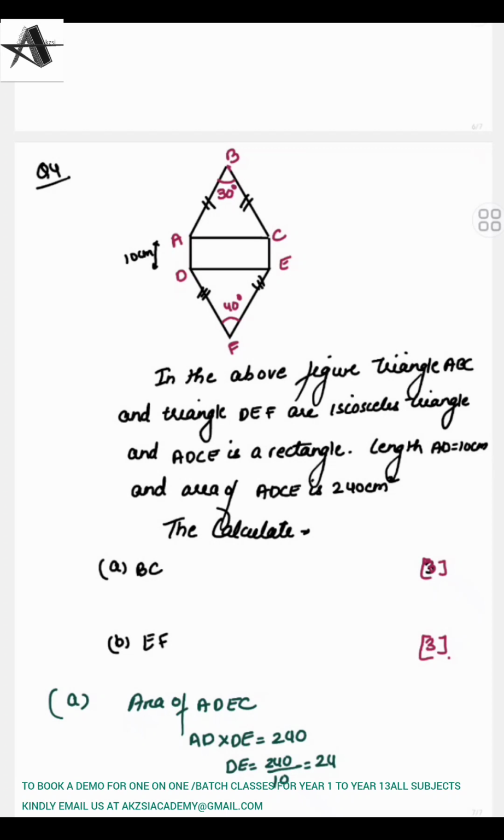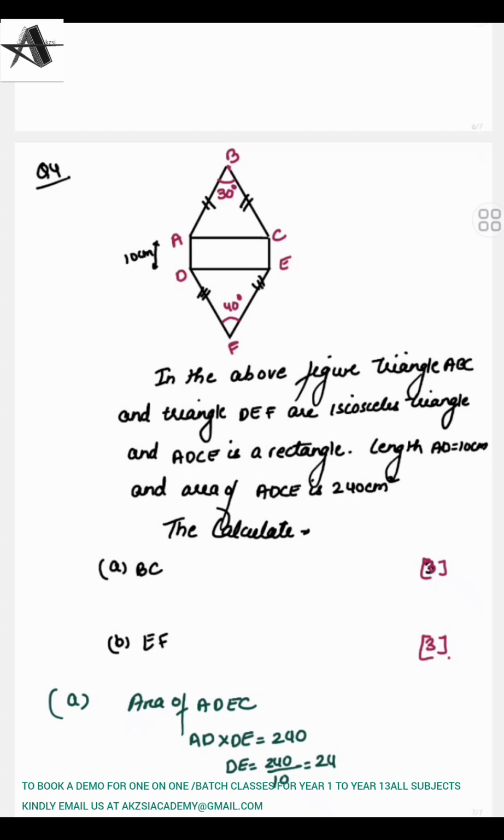If we know this DE to be 24, what else we know? We know that this is an isosceles triangle and we have to calculate length BC. It can be easily calculated. We have one angle and the other two sides which are already equal.